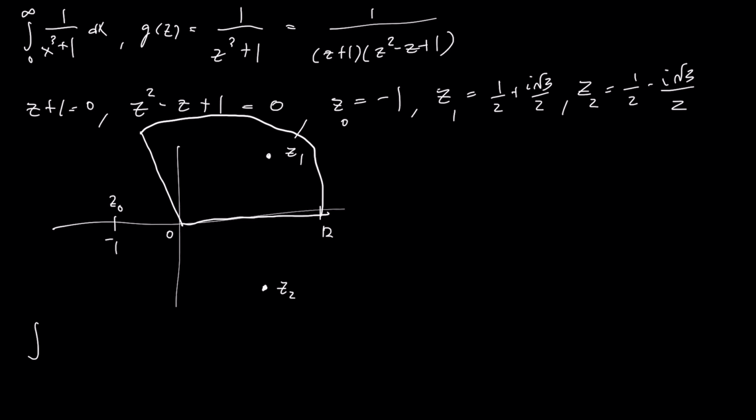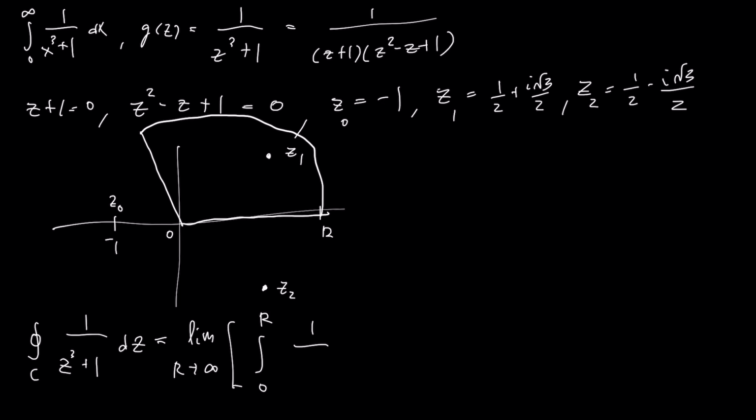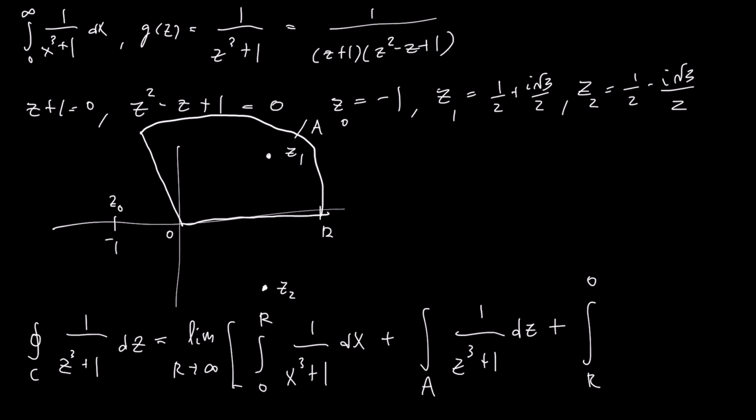So we have the integral over this contour of our g of z, which is 1 over z cubed plus 1 dz, will be the limit as r tends to positive infinity of the integral from 0 to r of 1 over x cubed plus 1 dx, plus the integral over this small arc, we'll call it a, of 1 over z cubed plus 1 dz, and then the integral from r to 0 of 1 over z cubed plus 1 dz.